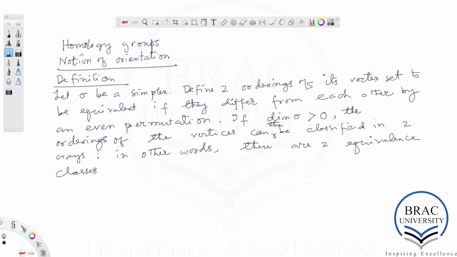Each of the classes is called an orientation of the given simplex sigma.